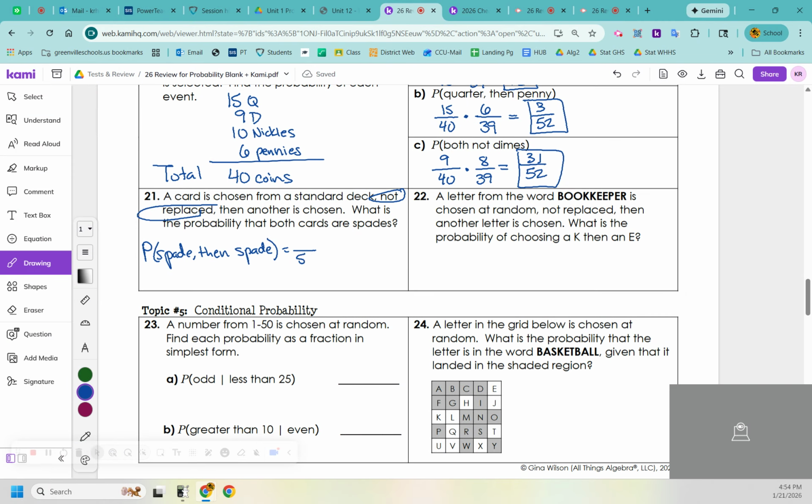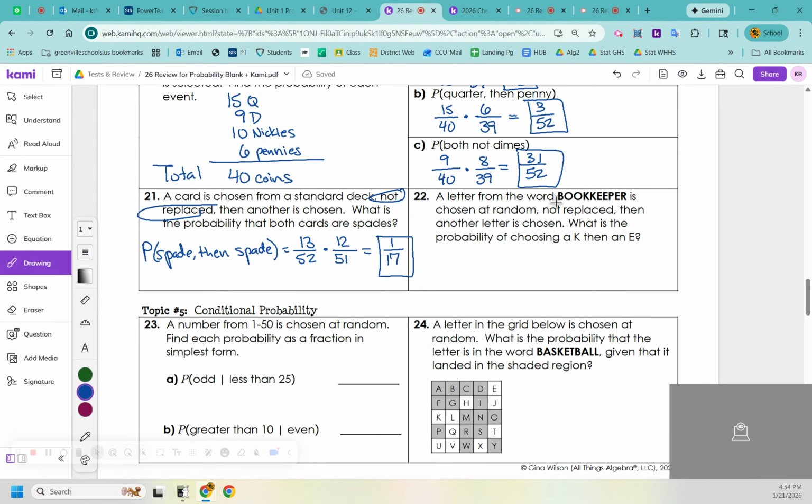So there's 52 cards. Every suit has 13. I am not replacing it. I have a spade in my hand. I'm not replacing it. So now I only have 51 cards to choose from. And since the spade's in my hand, there's only 12 of them now, which is 1 out of 17 if you put that in the calculator.